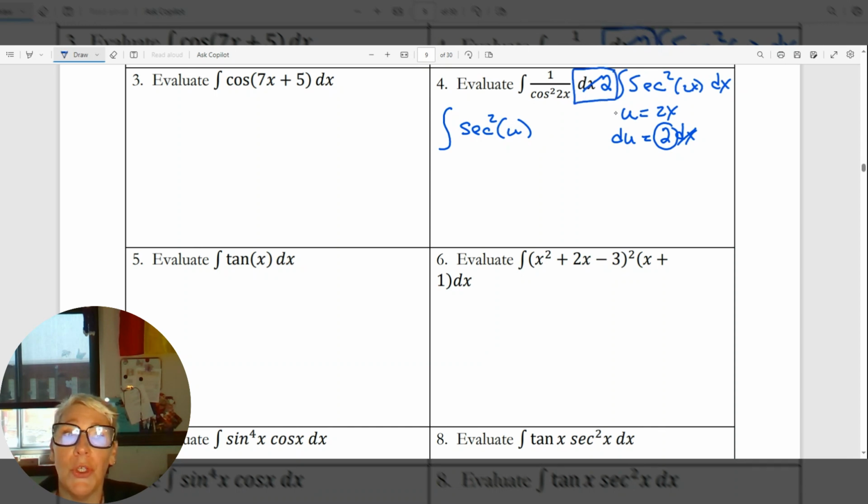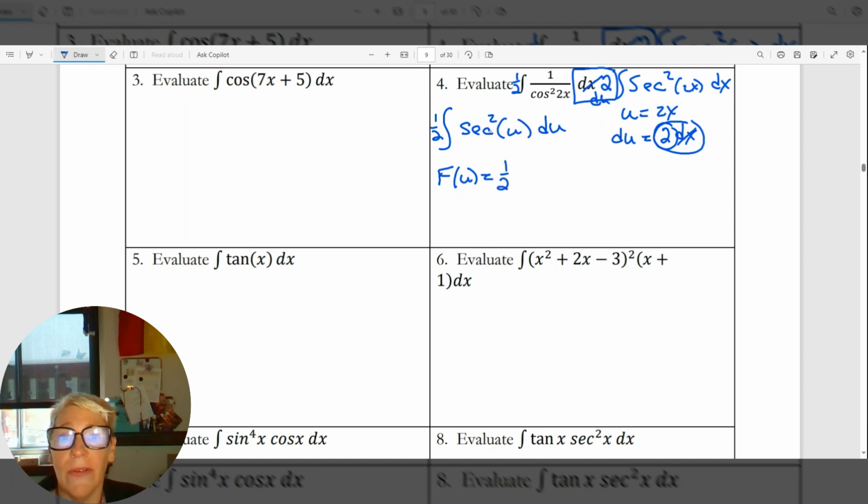I'm going to put the 2 in because now 2 dx is our du, and I'm going to balance that with a 1/2. So I'm now going to be integrating 1/2 the integral of the secant squared of u. All right, so my antiderivative in terms of u has a constant multiplier of 1/2.